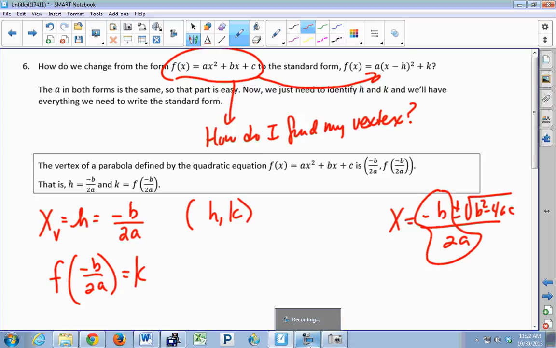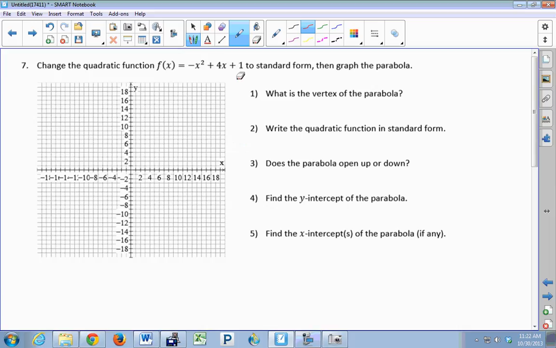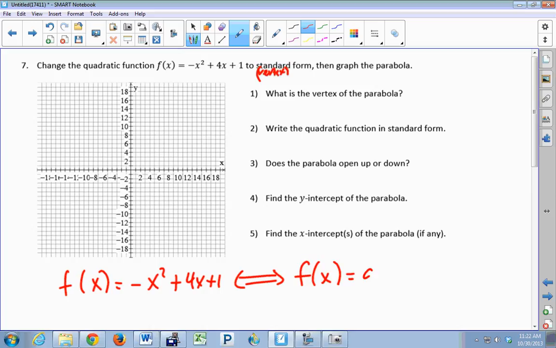Now, it looks a lot harder than it is, so let's do it with some numbers. Here's a quadratic function in general form, and we want to change it to the standard or vertex form, a times the quantity x minus h squared plus k. So we want to go from this form to this form.